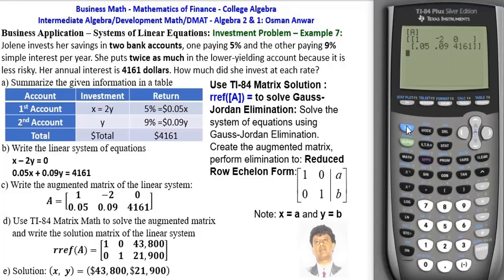Then do second matrix, math, go all the way down and find rref. Then second matrix, call matrix A, close it, hit enter, and here are the values. x equals 43,800 and y equals 21,900.